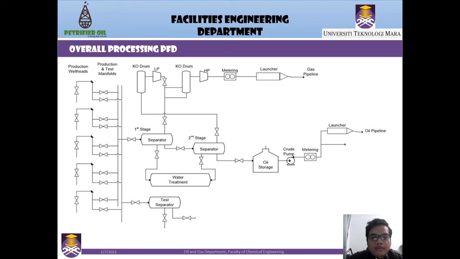So for the proposed processing PFD, the processing unit should include separation processes to separate the gases from the liquids, as well as the oil from water. And there's also a need for oil storage compartments to handle the oil that has been separated from the other components.